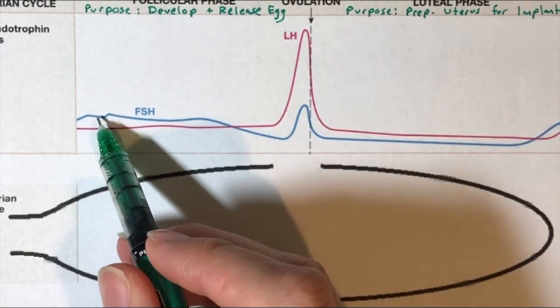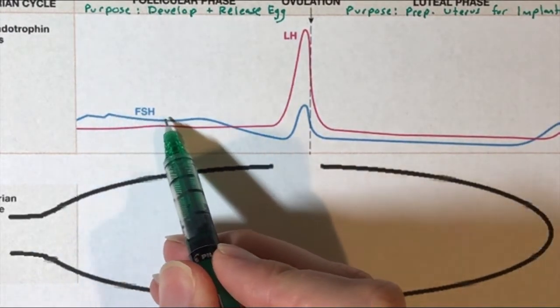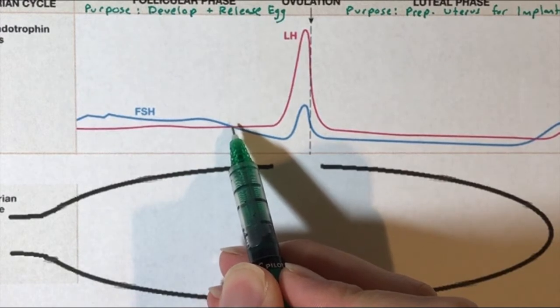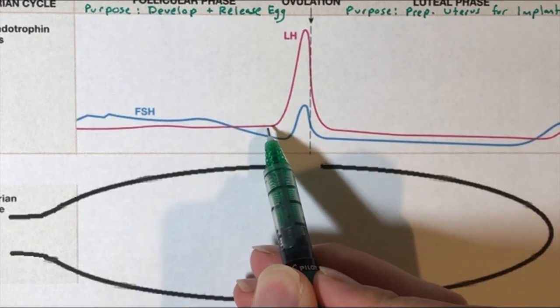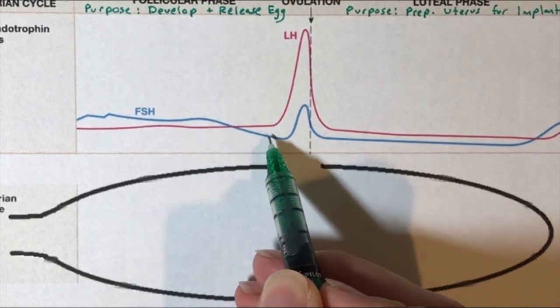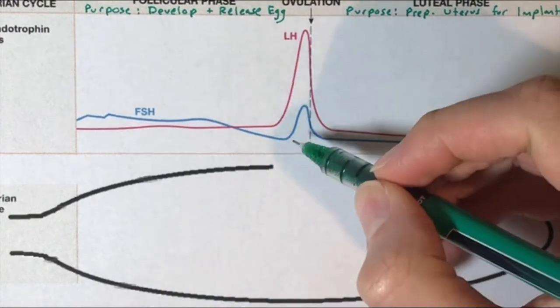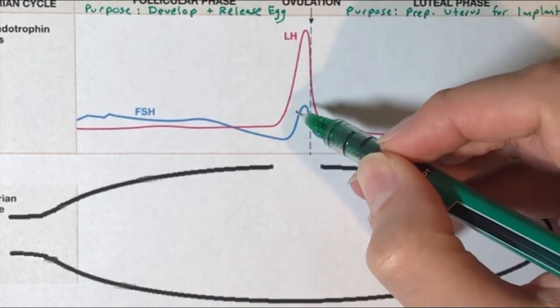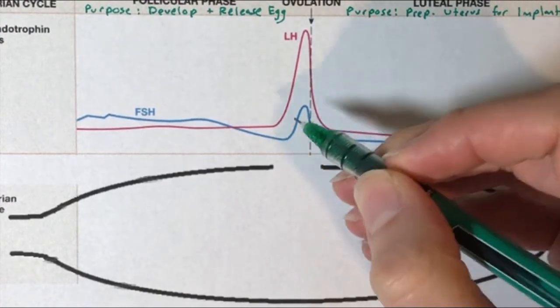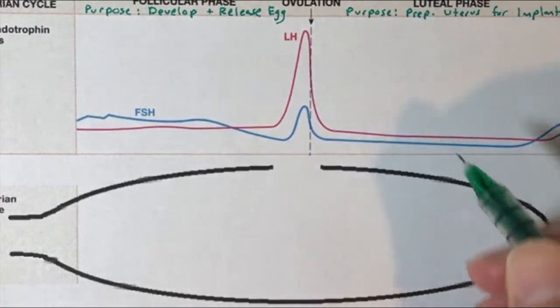So we start off with higher FSH than LH, and then at around this point, the concentrations of both hormones are the same in the body. And then after that point, LH is higher than FSH because FSH starts to go down. And then both of them start to increase in concentration, although LH increases way more in concentration than FSH does.